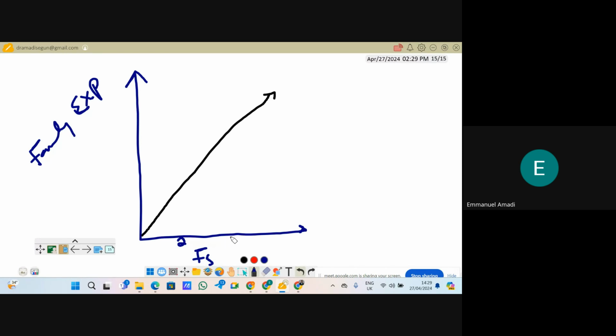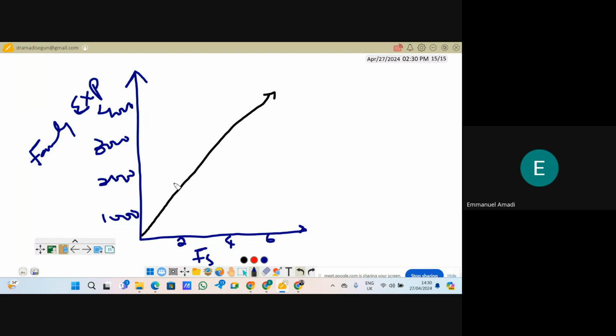Let's say this is 4. Let's say this is 6. Let's say this is 1,000. Let's say this is 2,000. Let's say this is 3,000. Let's say this is 4,000.